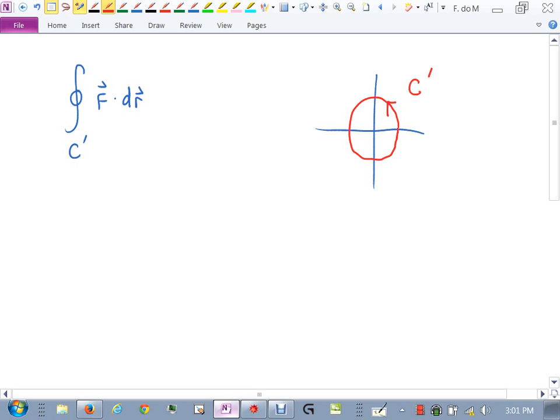Okay, so I'm trying to find this line integral over C prime of F dot dr, where my C prime looked like this. C prime was positive orientation, wasn't it? Okay, so I have the parametrics and stuff for that.